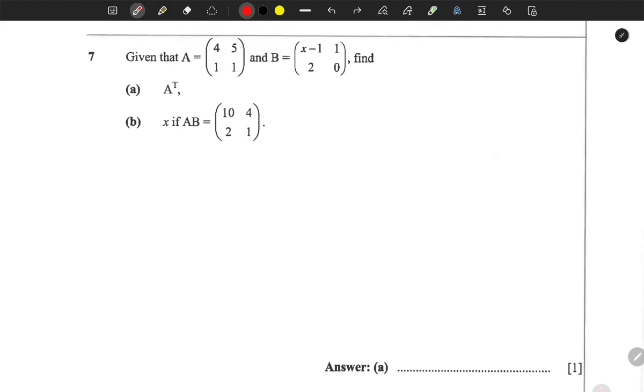Given that A is (4, 5; 1, 1) and B is (x minus 1, 1; 2, 0), find A transpose. What do we mean by A transpose? It is just the transpose of A. We mean rows become columns, and columns become rows.